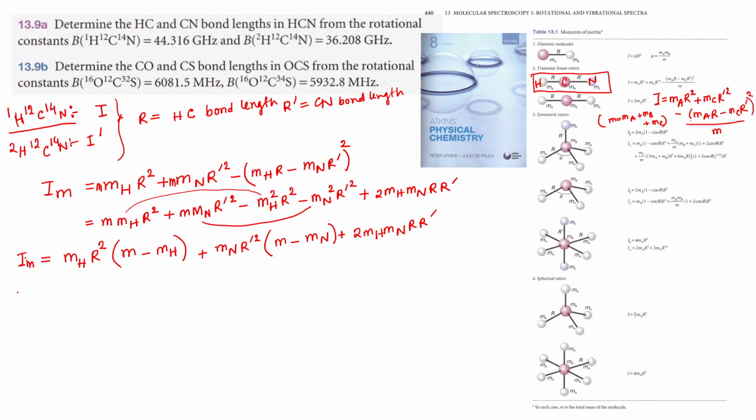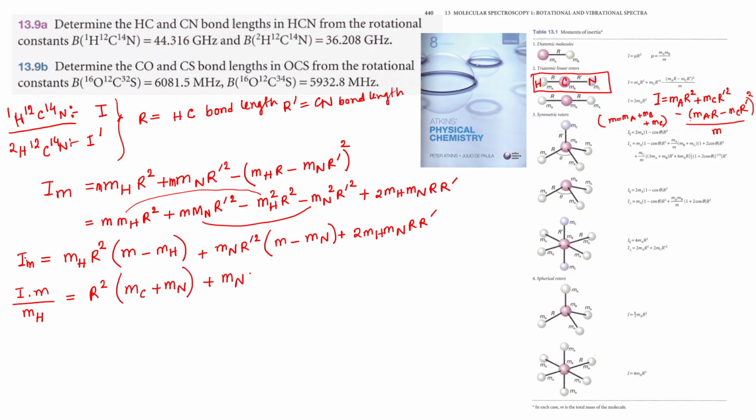So we will actually divide it with mh. If we divide it with mh, what we are going to get: this is m carbon plus m nitrogen, right?